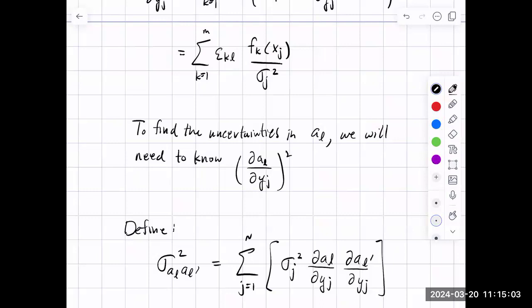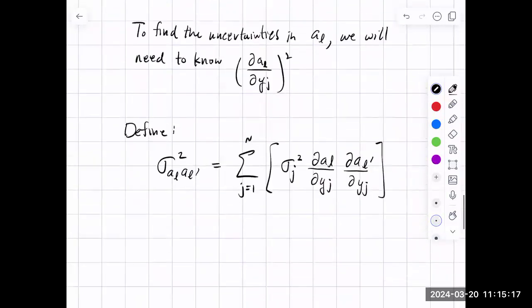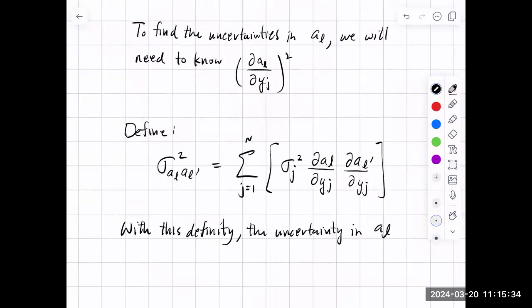And then what we'll do is, if we set L equal to L prime in the end, then we have sigma squared times the square of this partial derivative. And that's what's inside our propagation of errors. So with this definition, the uncertainty in AL is found by setting L equal to L prime, right?